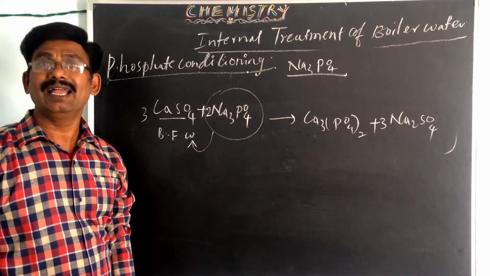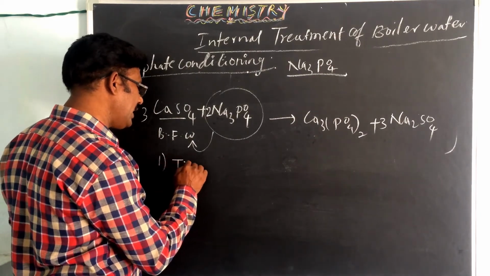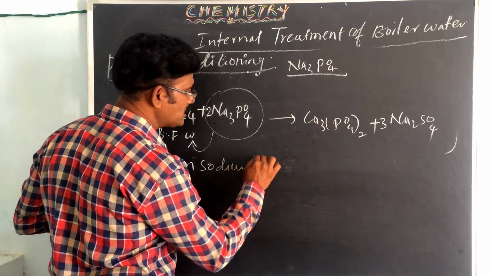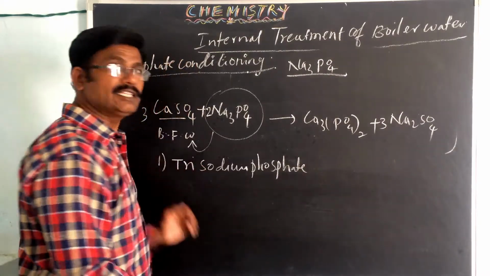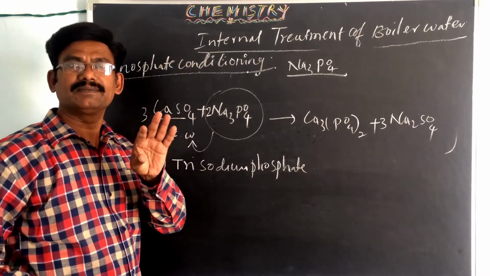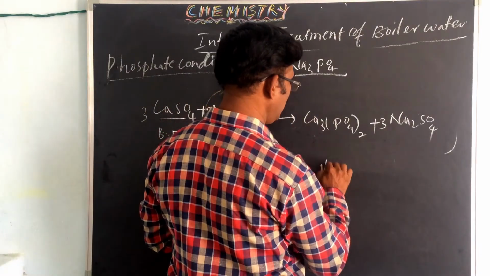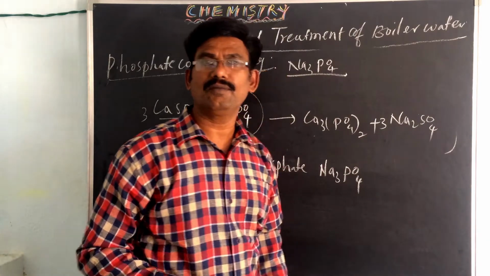The first one is trisodium phosphate. Tri means 3 sodiums. So what is this one? Na3PO4, trisodium phosphate.